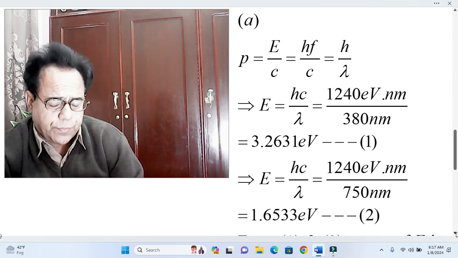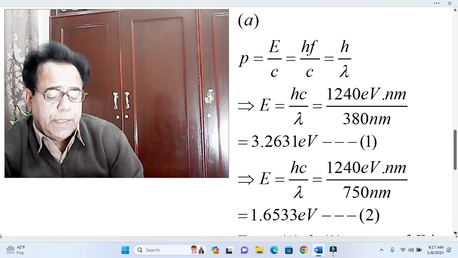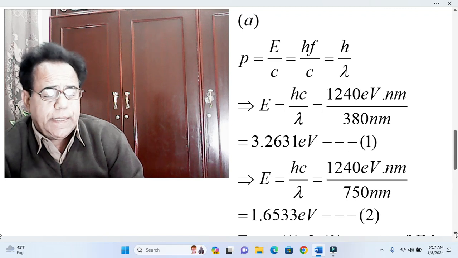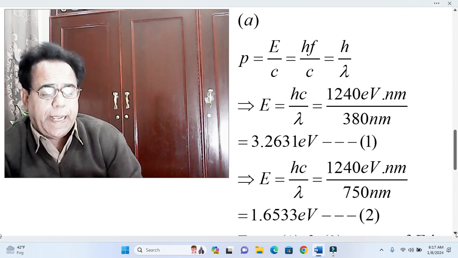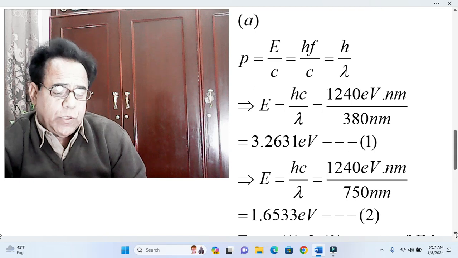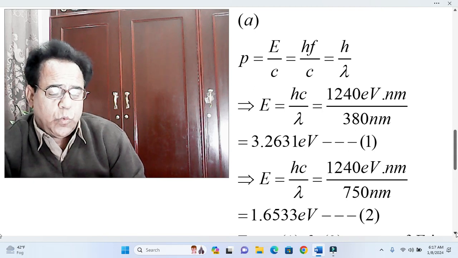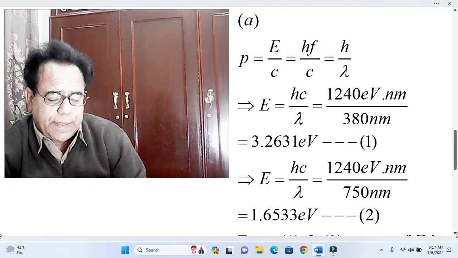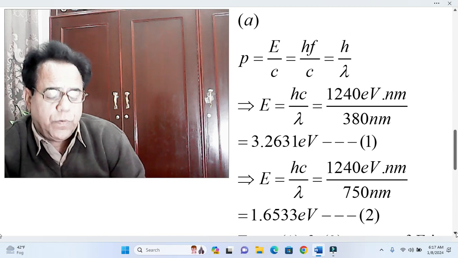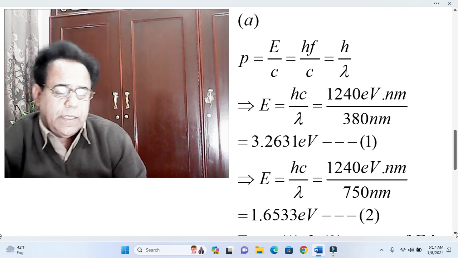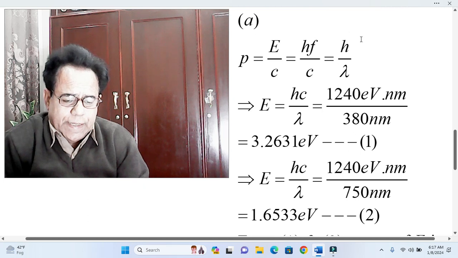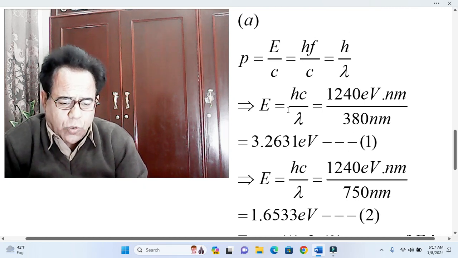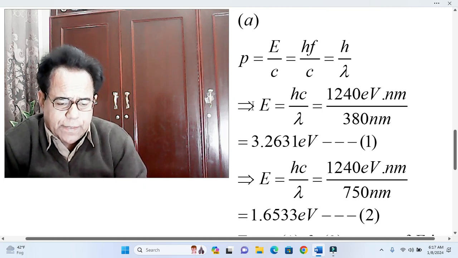Dear students, we rearrange this expression as energy of photon is equal to Planck's constant h into speed of light c over lambda. We have rearranged this expression in this form because we are concerned with this form.